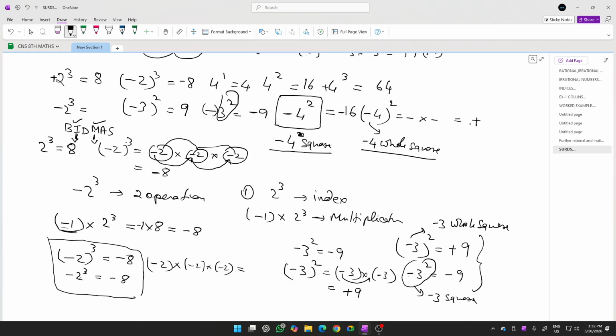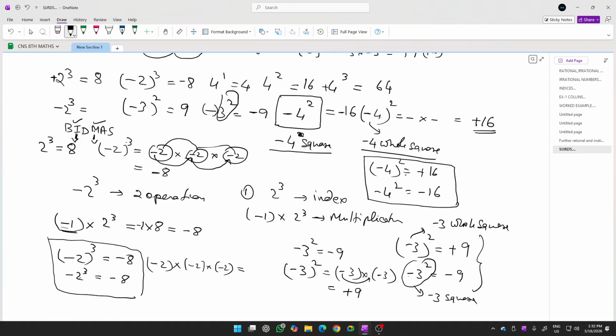Minus into minus is plus. Then you have to multiply this 4 also 2 times. So it will be 4 into 4, so 16. So the answer will be plus 16. Is that clear? So that is the difference. Minus 4 whole square will be plus 16, but minus 4 square will be minus 16. If you remember this, if you digest this, you are not going to make any mistakes. Is that clear?